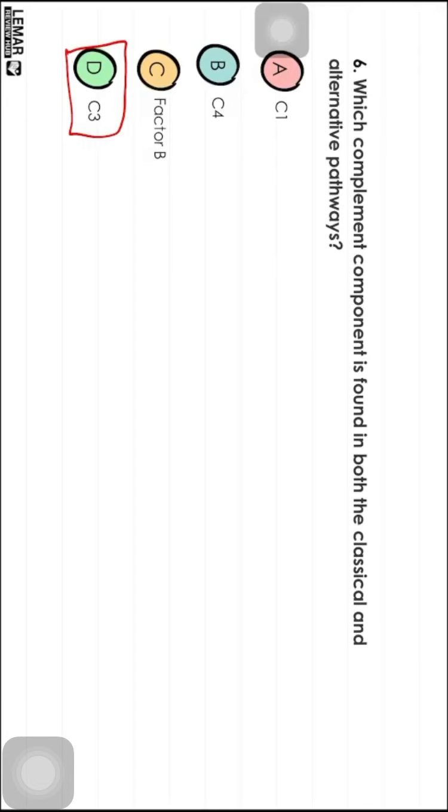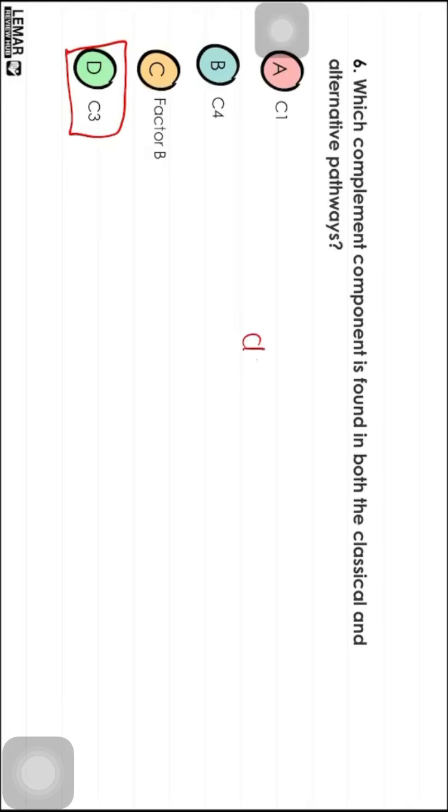We have 3 pathways of the complement system: the classical, the alternative, and the mannose binding lectin pathway. They are initiated in various ways.